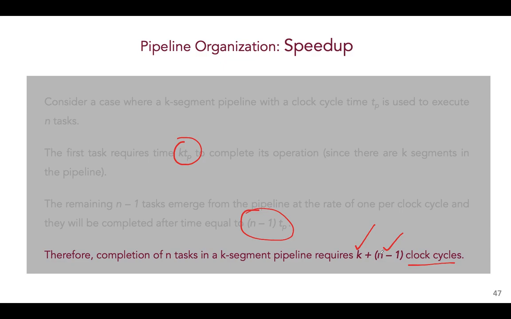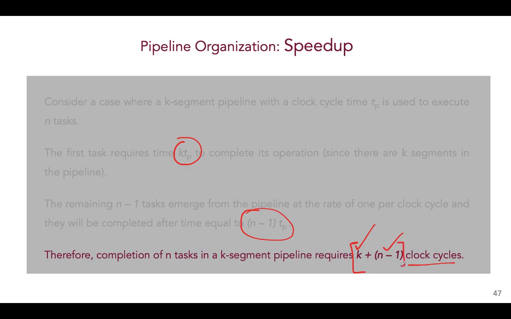Now if you remember the previous video, in problem 2 we drew a space-time diagram to count the number of clock cycles it would take to execute 8 tasks in a 6-segment pipeline, and it came out to be 13. At that point I told you that there are 2 ways of finding the time it takes to complete a certain number of tasks in a certain sized pipeline. One is to draw a space-time diagram and the other is the formula, and this is that formula.